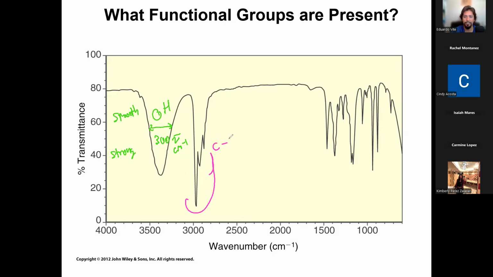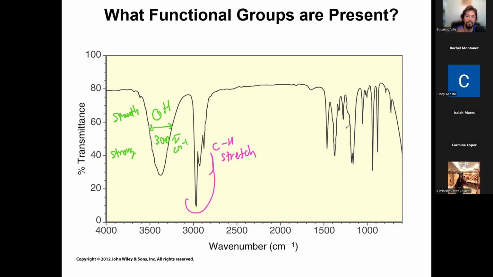These are the CH stretches. Do we know if it's sp3, sp2? Actually, no, we don't, because we don't have any structural information. All we see is the signal. So, I mean, they're kind of sharp, so maybe it could be an aromatic ring, but for now, we don't know.